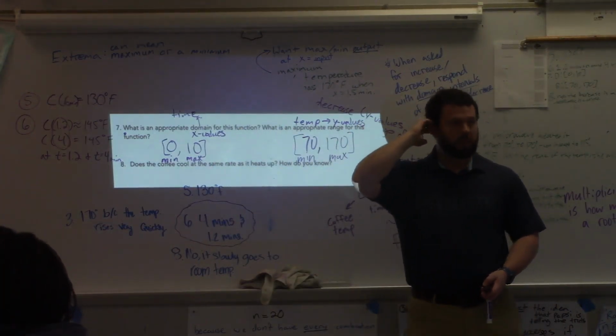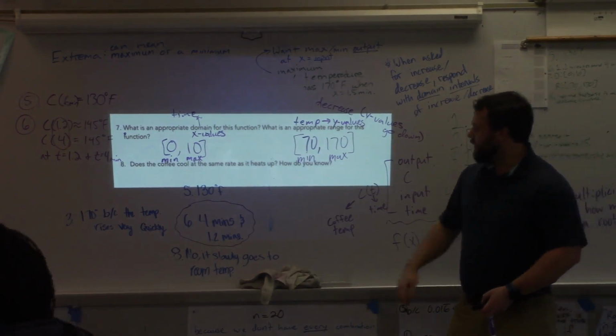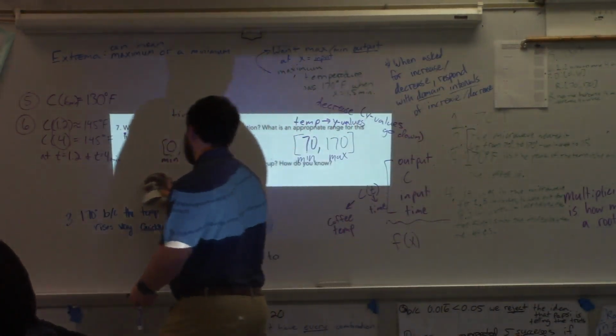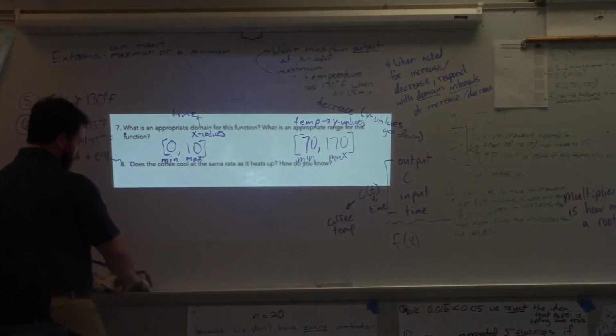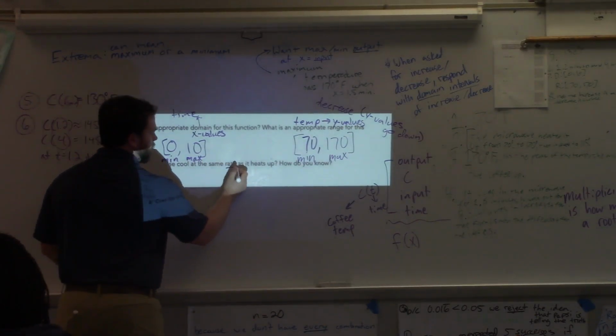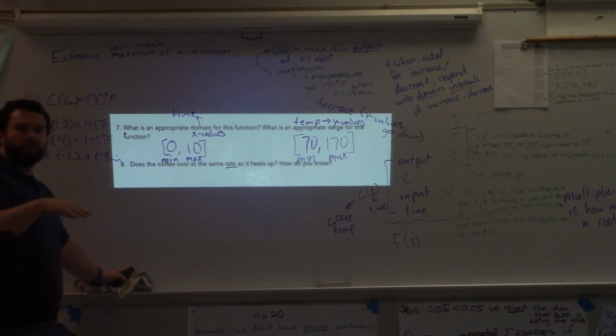Alright, last question. Does the coffee cool at the same rate that it heats up at? How do you know? Does anyone know what a term we could use for that rate there?